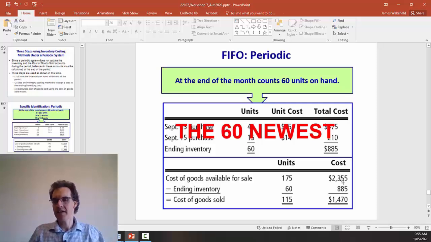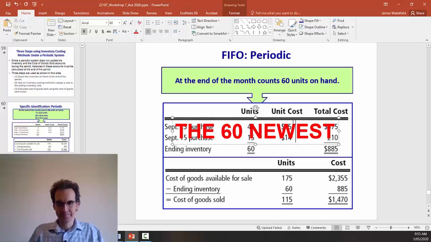We deduct the value of the ending inventory, which gives us what we actually sold. So in this particular case, when looking at the first in, first out method, the inventory that we're going to be left with is the 60 newest inventory items that was in stock last, obviously, because they're the newest.